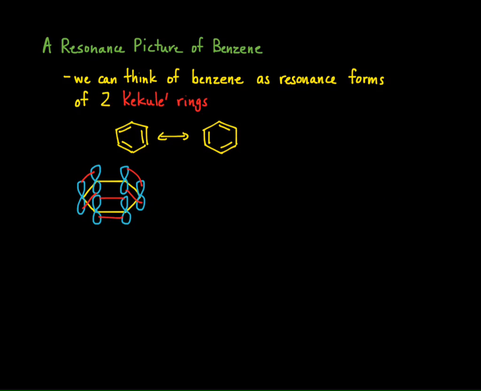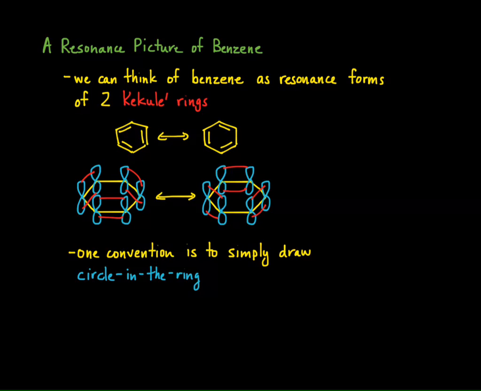And so now you can see that since each carbon is adjacent to another carbon with a p orbital, you could easily move those electrons such that I now have a pi bond between these two, a pi bond between these two, and a pi bond between these two. And they're essentially indistinguishable from one another.